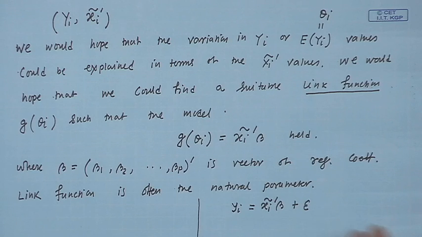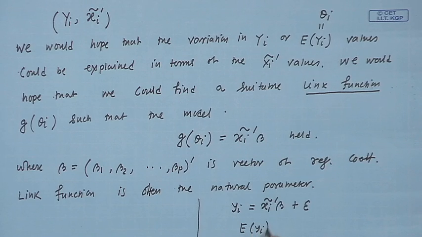So, this is the simple or multiple linear regression model, right. And then I can write this model as expectation of y_i equal to x_i' beta, because of the fact that expectation of epsilon is equal to 0. So, I can also write this model as theta_i = x_i' beta.